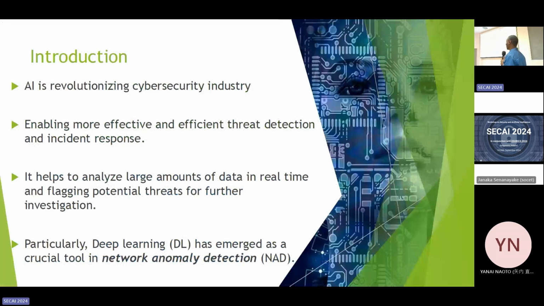Yeah, so we are at SECAI, and we are today witnessing how AI has revolutionized many domains, and we see that more and more AI is also being adopted in the cybersecurity industry because it enables analyzing large amounts of data in real time and saves time, also reducing workload from cybersecurity experts in tasks like threat detection or incident response and many others.